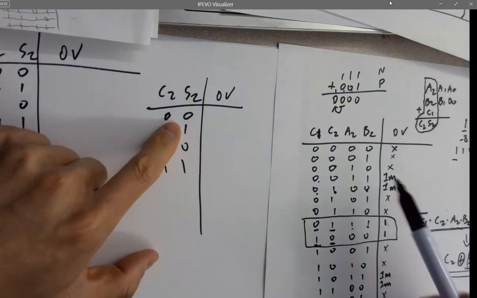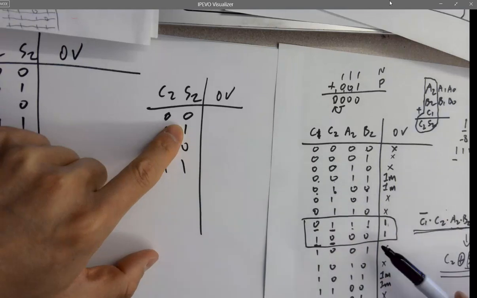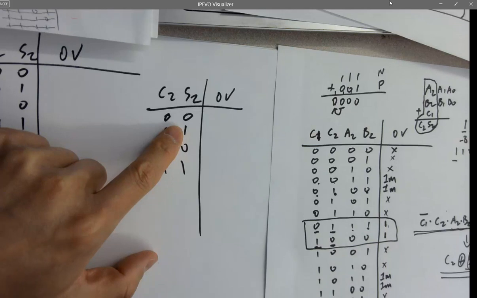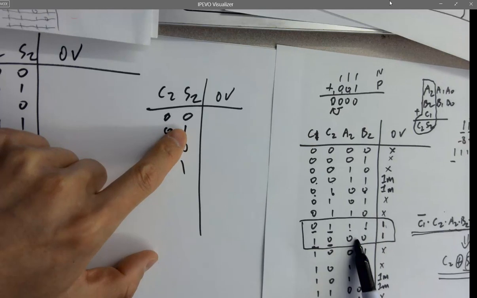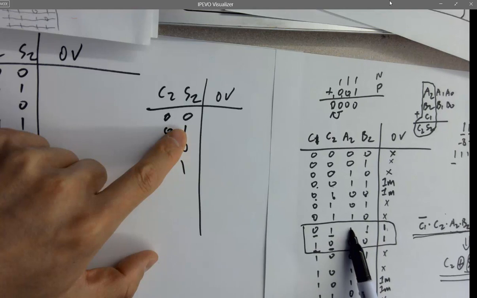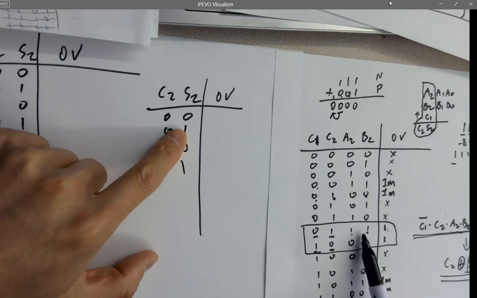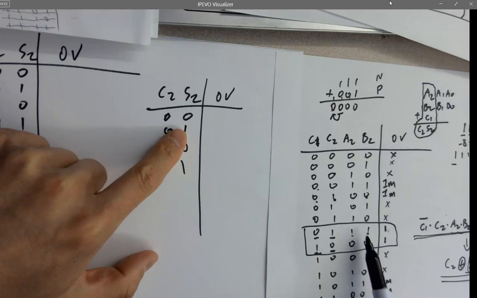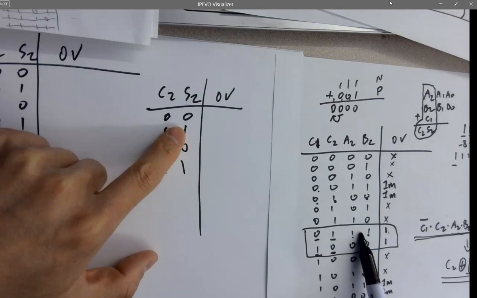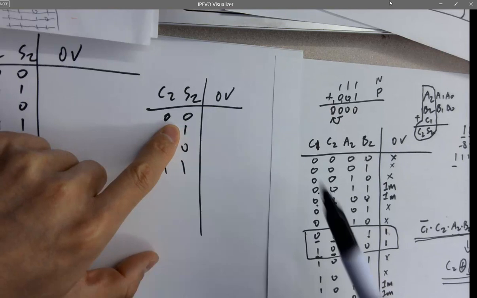So when S2 is 0, you can just find out that all the S2 is zeros, right? So only these two cases work, right? As overflow, and S2 is 0. Because this added to this is 0. Oh, no, you have to consider C1 as well. So this is 0, but this is not. So if this is 0, C2 must be 1 to overflow, so there's no overflow here.